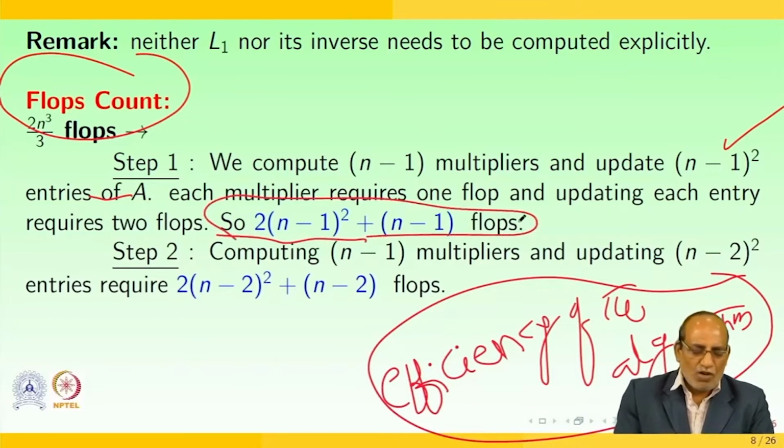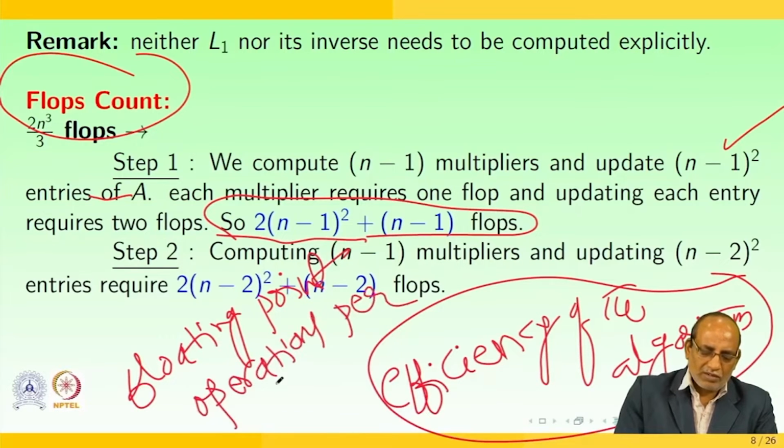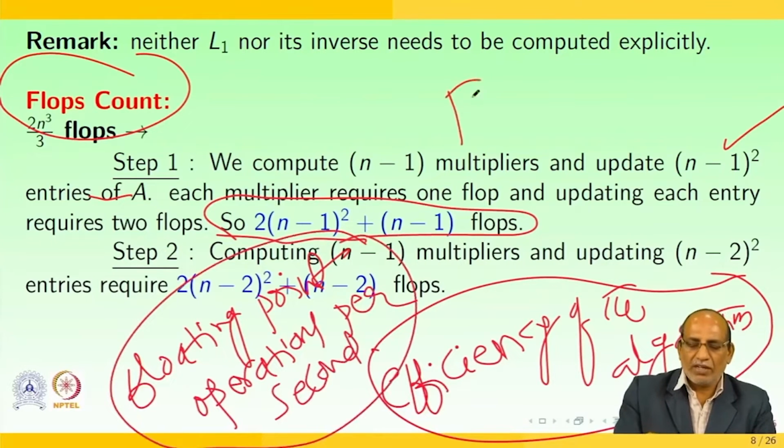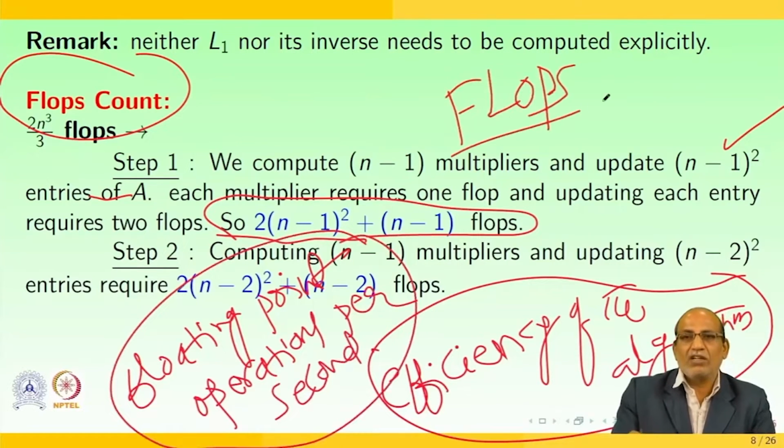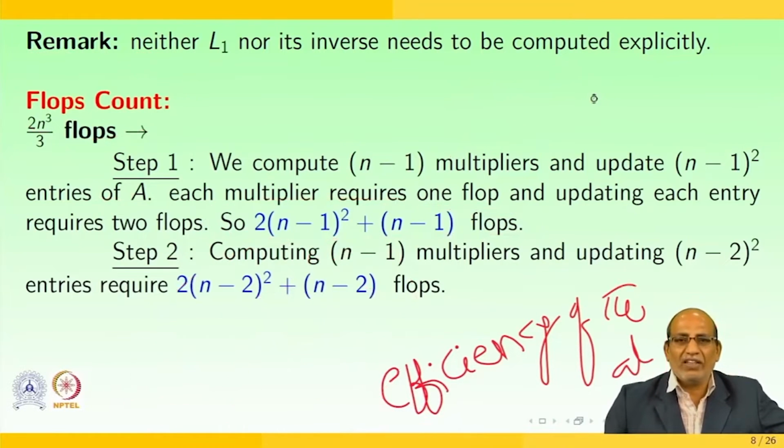That is floating point operations. Floating point operations per second is called flops. That will give you the efficiency of an algorithm.